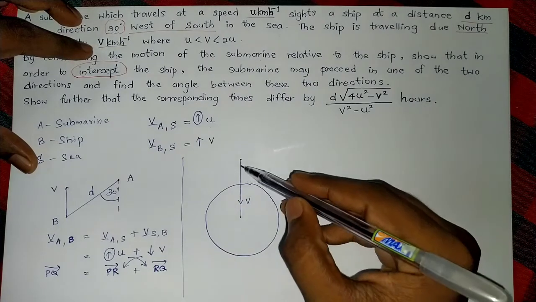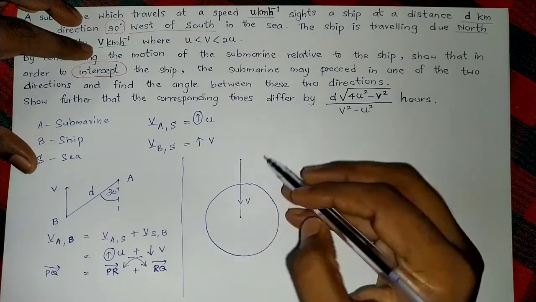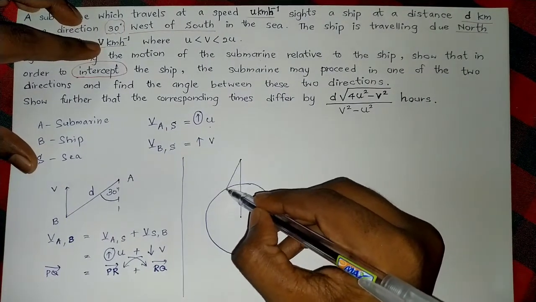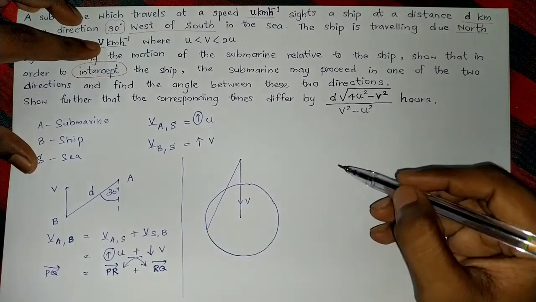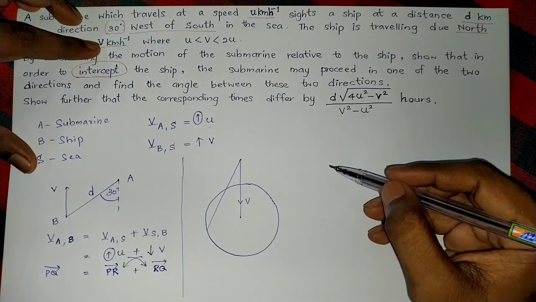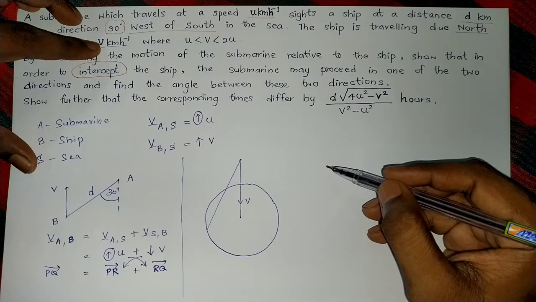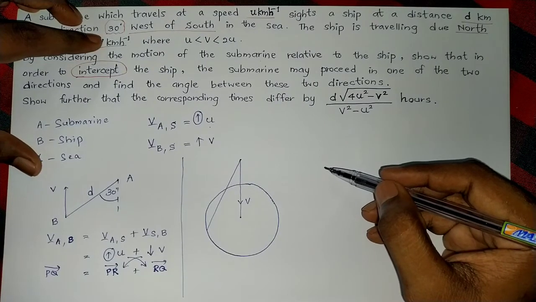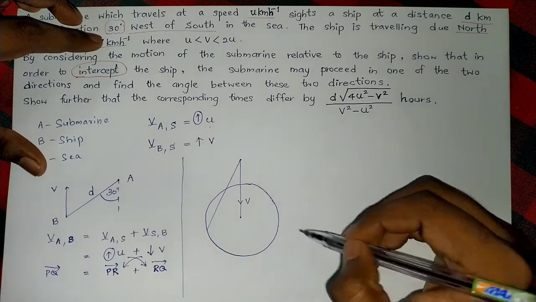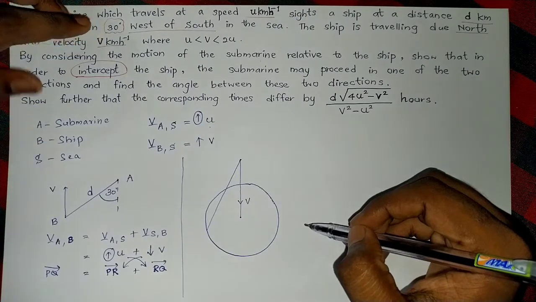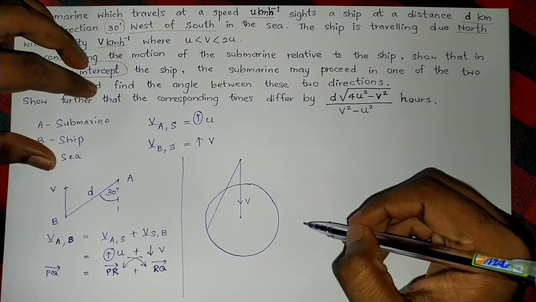So I have to complete my resultant in such a way that I can complete two velocity triangles. Then only I can say that there are two directions for the submarine to proceed.